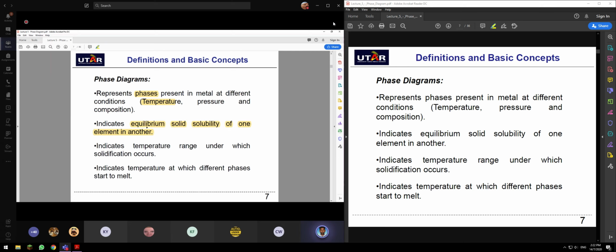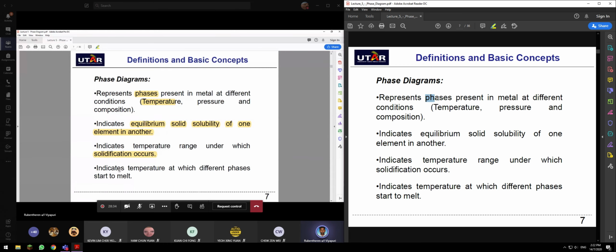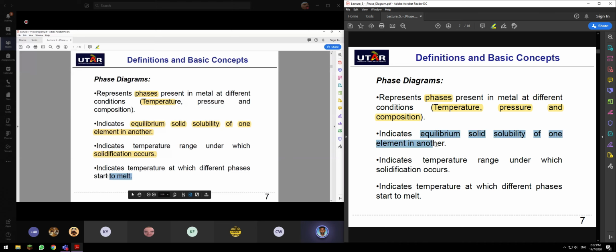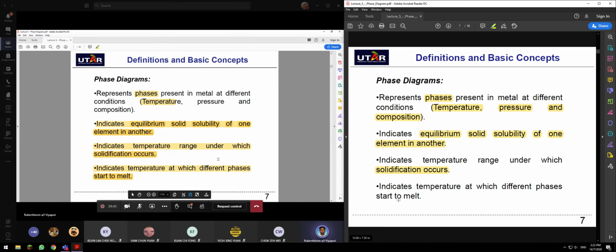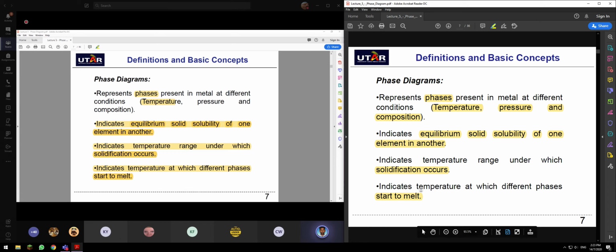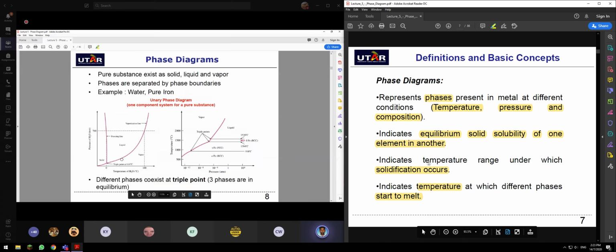It shows the equilibrium value. It also indicates the temperature range under which solidification occurs. At what temperature does the solidification occur? A phase diagram also indicates the temperature at which different phases start to melt. See, so much information one phase diagram will give. So take your time, try to digest.